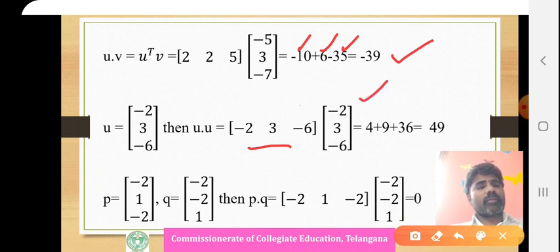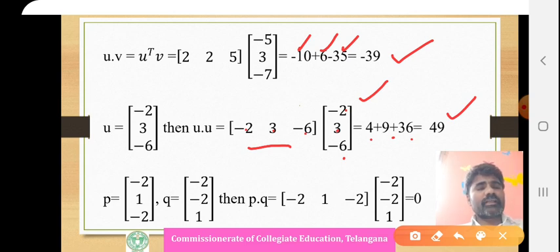Now multiply: minus 2 into minus 2 is plus 4, 3 into 3 is plus 9, minus 6 into minus 6 is 36. So it equals 4 plus 9 plus 36, which is 49. Therefore u dot u is 49.